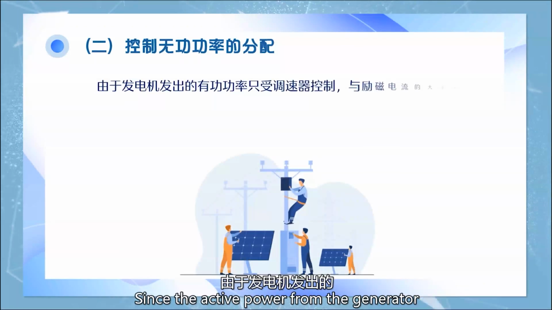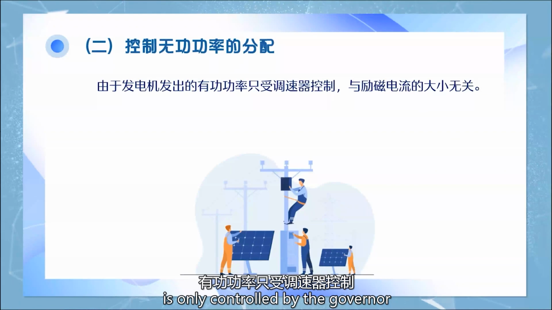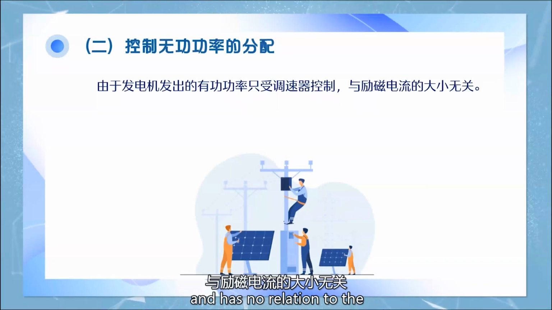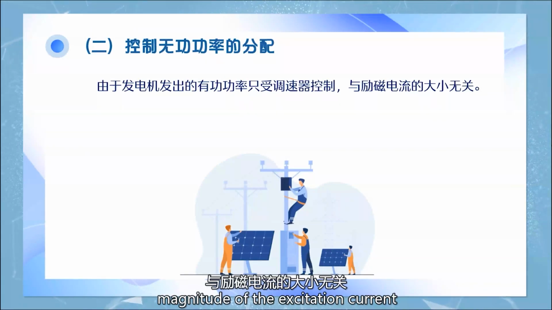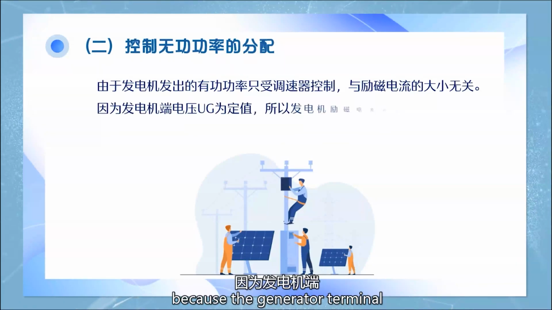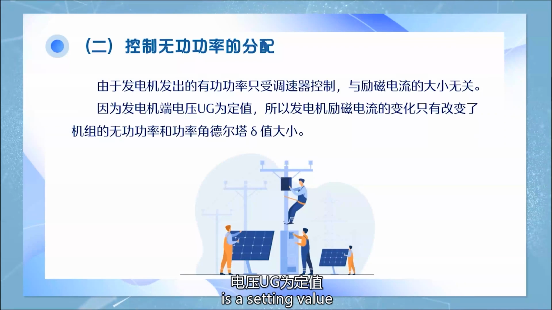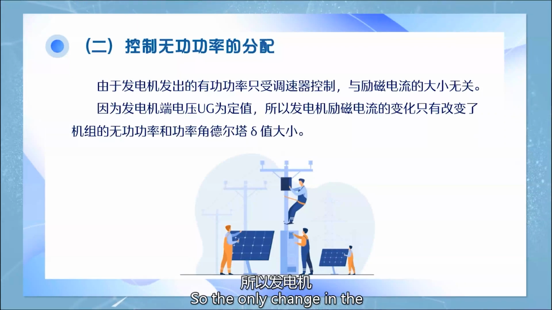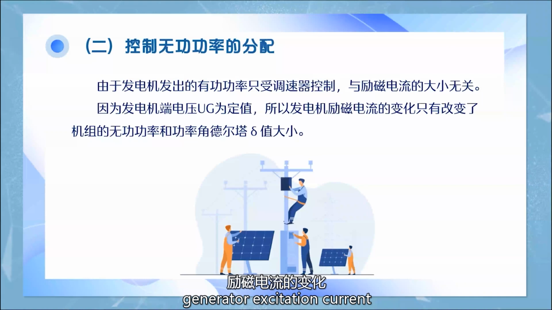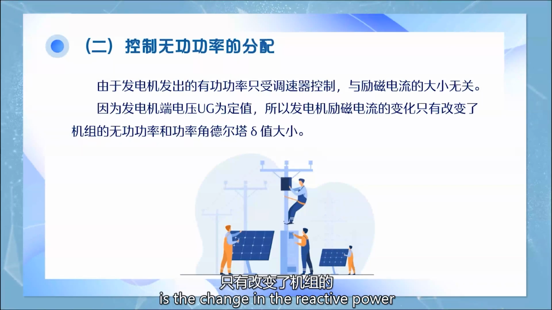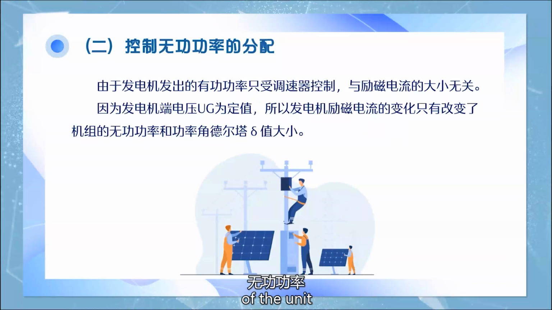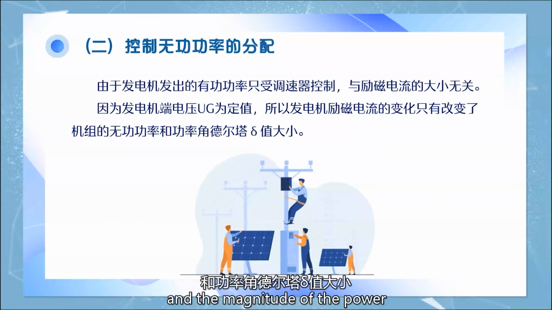The active power from the generator is only controlled by the governor and has no relation to the magnitude of the excitation current, because the generator terminal voltage UG is a set value. So the only changes with the generator excitation current are the reactive power of the unit and the magnitude of the power angle delta.